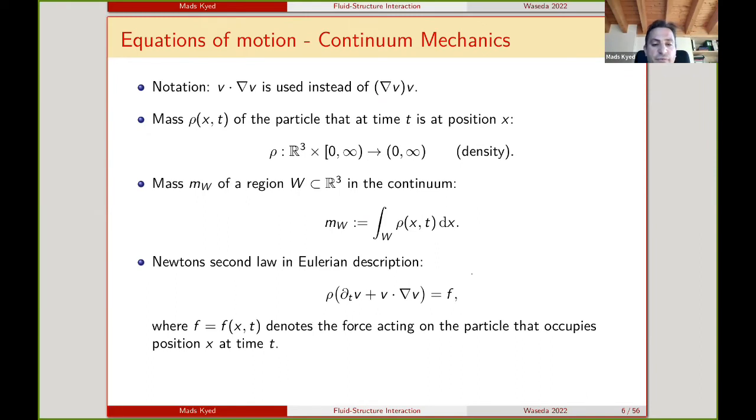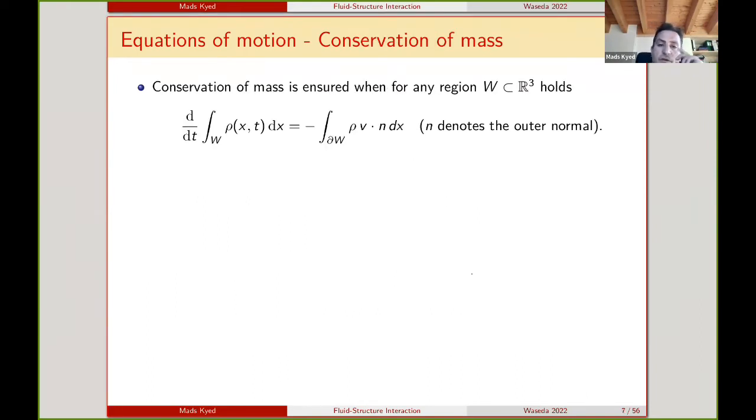Okay. So conservation of mass is in short, when for any region, we have that the rate of change in mass equals the mass flowing into the region. So this we can nicely express in terms of the integrals you see here.